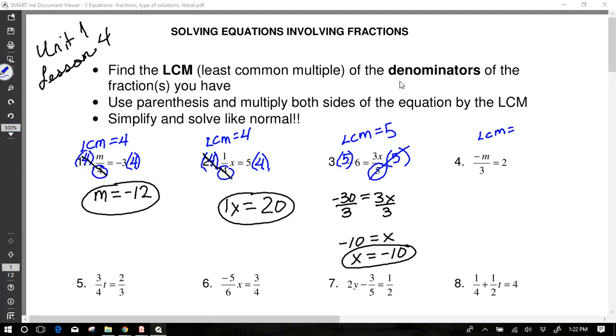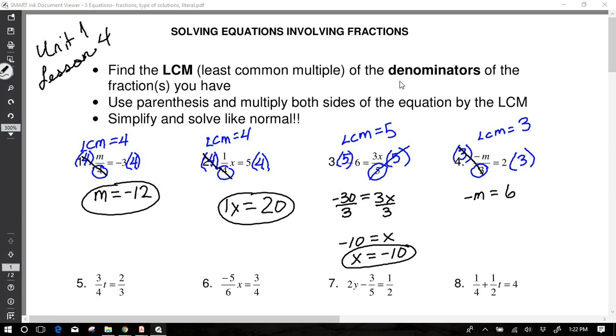So my least common multiple in this one is 3. So I'm going to multiply both terms by 3. And now let's start to reduce. Anything that can be reduced, got 3 over 3. Bring down the negative m, and 2 times 3 is 6.